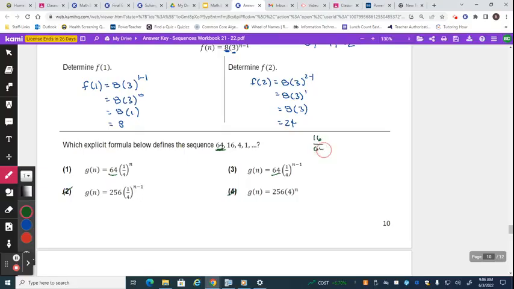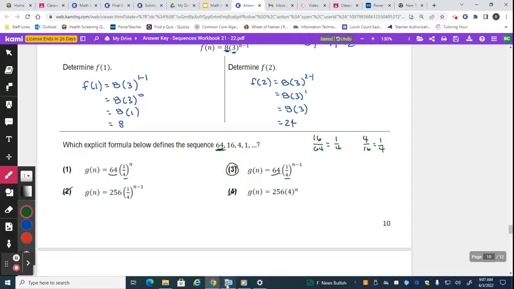What's happening to those numbers is they're getting multiplied by 1/4. So 1/4 shows up in 3 and 1. So what's the correct answer? Since we're looking at our first term, we're looking at n minus 1. So 3 is going to be the correct choice.